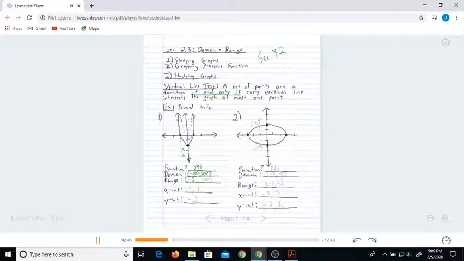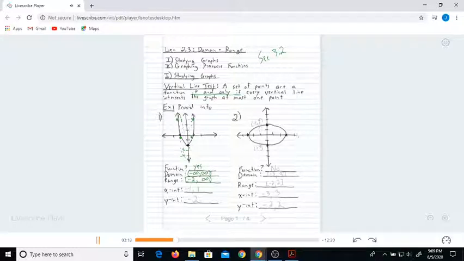The lowest y value is -2, and it goes up to infinity. So this graph has y values between -2 and infinity. Does it have a y value at -1.5? Yes, at two places, here and here. Does it have y values at, say, 3? Sure, here and here. So it goes up towards infinity.